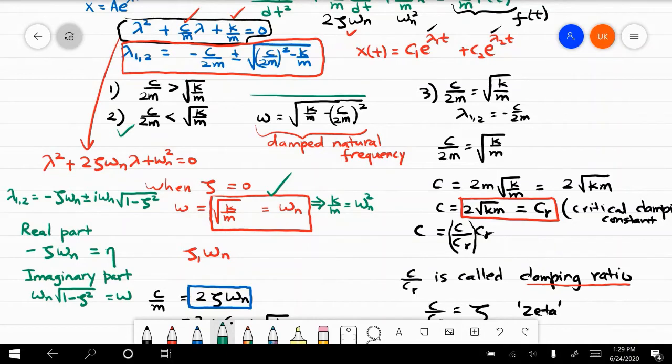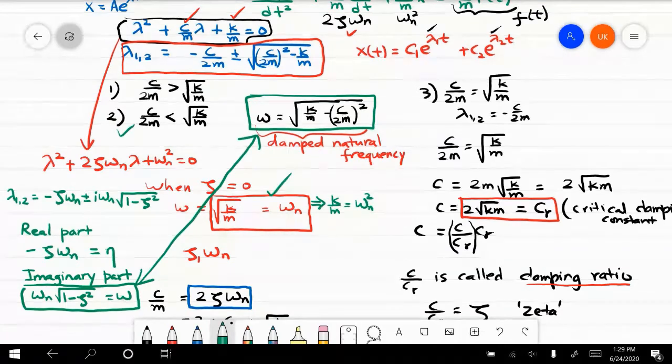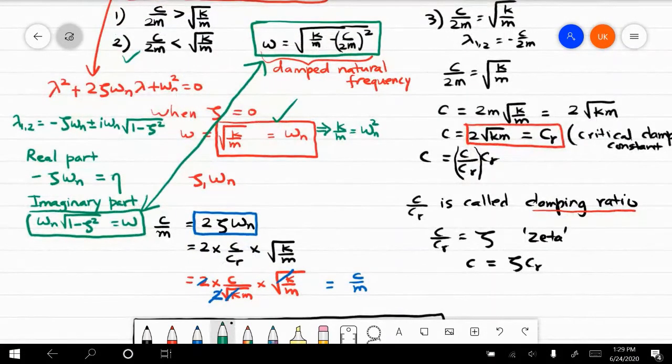So this is the same as this, and you can show that to be the case. Okay, so these two are the same. If you make the substitution for k over m, c over m, okay, in terms of zeta and omega n, you will get this expression. So later on, this type of representation is going to be useful when we represent the solution in a complex plane. It is going to be useful, which is the reason we are defining all these new variables.